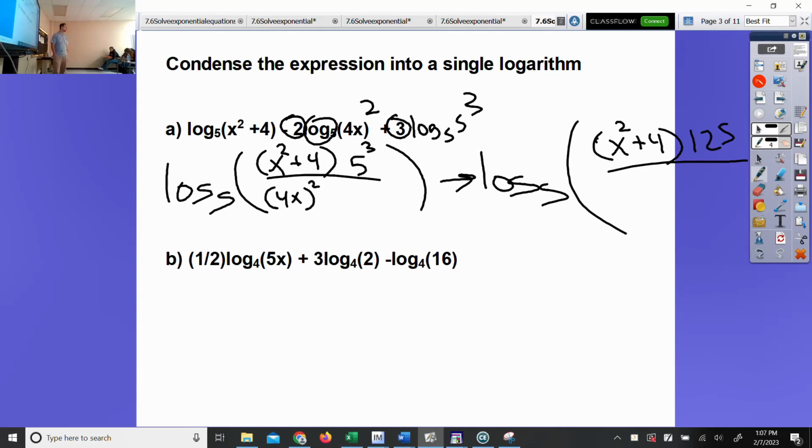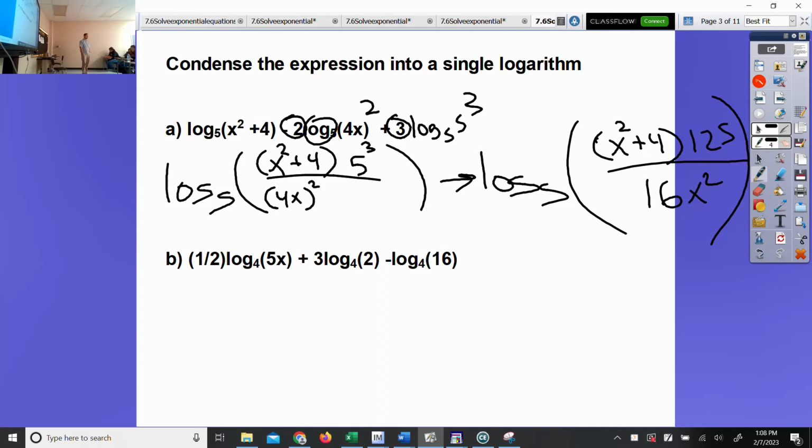What do you get when you square a 4x? 16x to the second. I do not think that they would actually put 125 and x squared plus 4 together. They might, but I'd be very surprised if they do, because that would make it harder to break apart. That's probably where the state would stop. Any questions on that one?